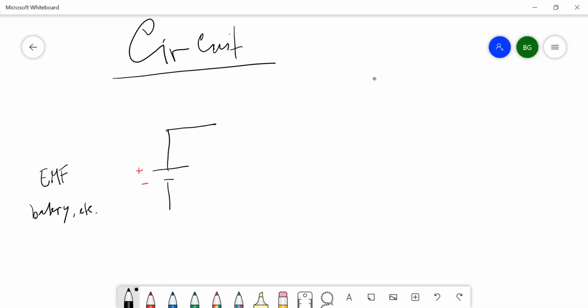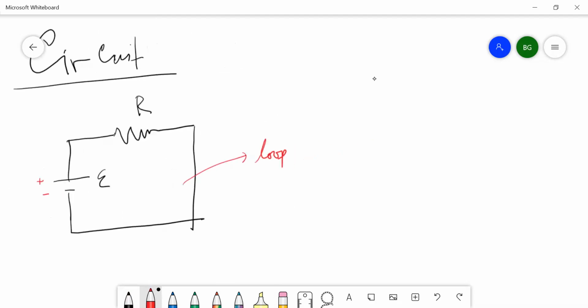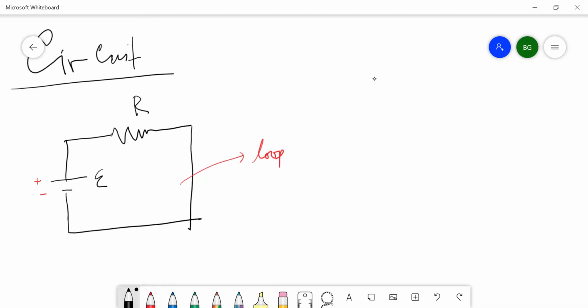Then it connects, for example, with the resistor R. This is epsilon. This is called a loop. So a circuit is like this. For example, this is A.